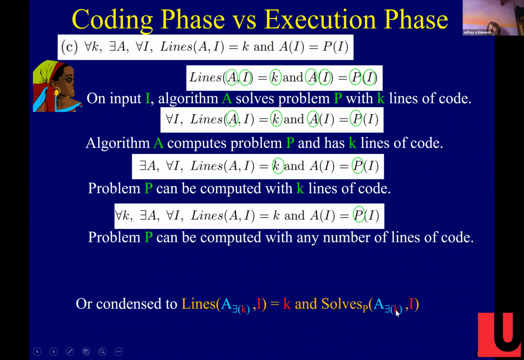And that's no longer true, right? Because there are k's. If k's are so small, you can come up with an algorithm that has k lines of code, and you can come up with an algorithm that solves the problem, but it can't be the same algorithm, right? You can't come up with an algorithm with 2 lines of code that solves the problem.